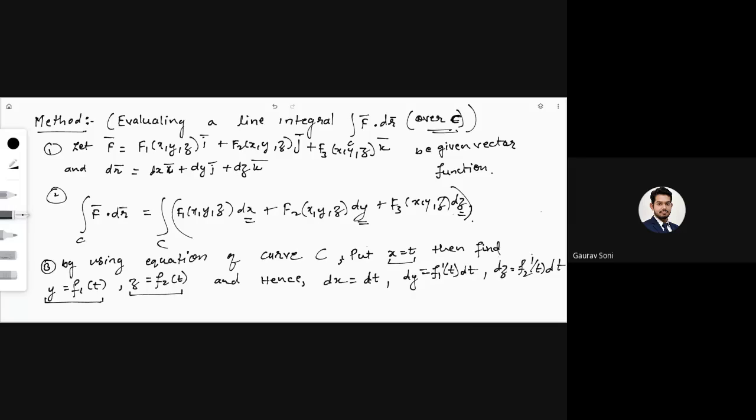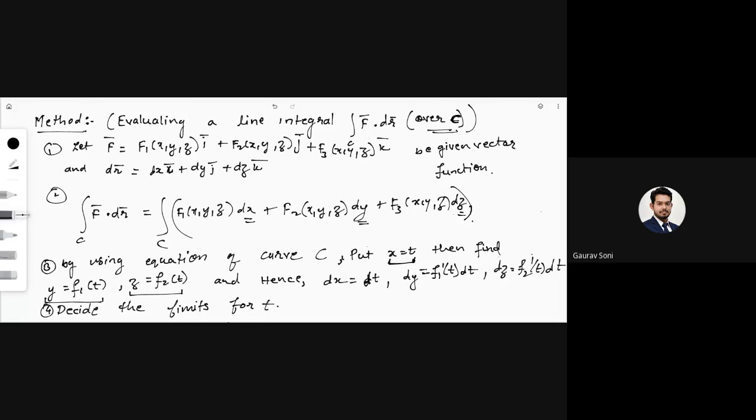So once we get this, I can put these values in the equation and find out the integral. But there is one more problem. You have to see the values of x, from where to where it is going in your curve. Fourth one, decide the limits for t.